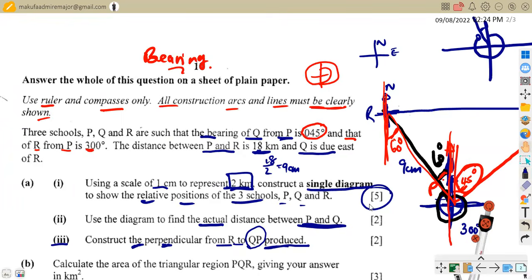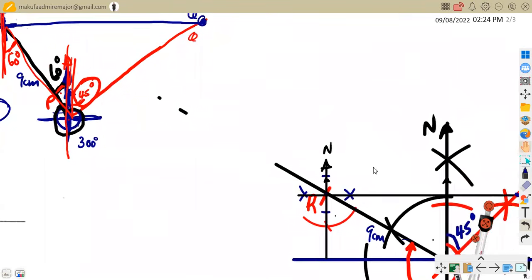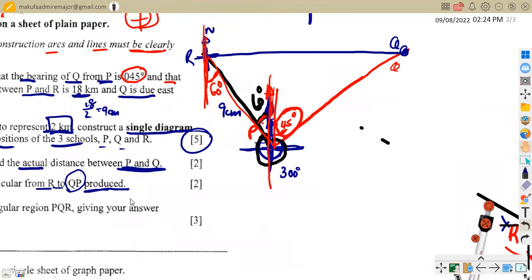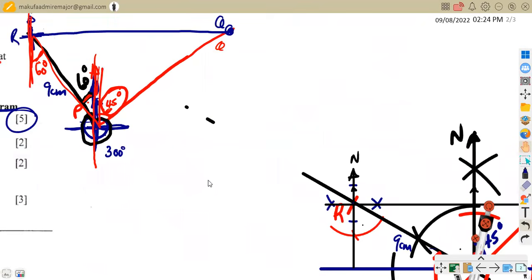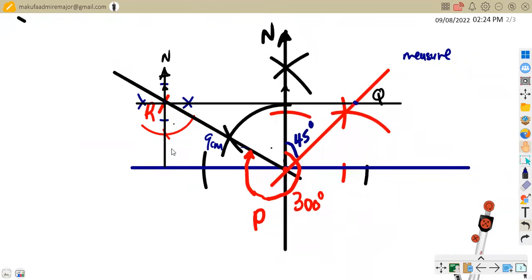Remember I talked about this, how to construct a perpendicular from a point to a line. So that is it, from R to QP. This is our R here. We want to construct 90 degrees from this R to this line QP, but they said produced, which means we have to extend this line. So we are going to extend the line QP like this.